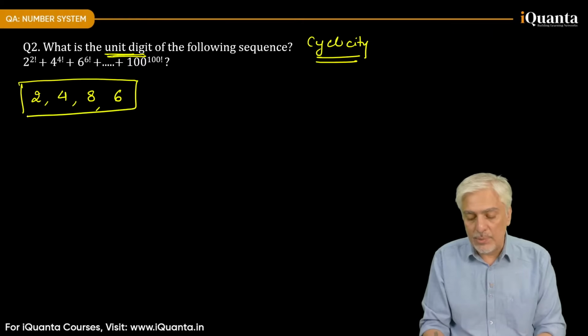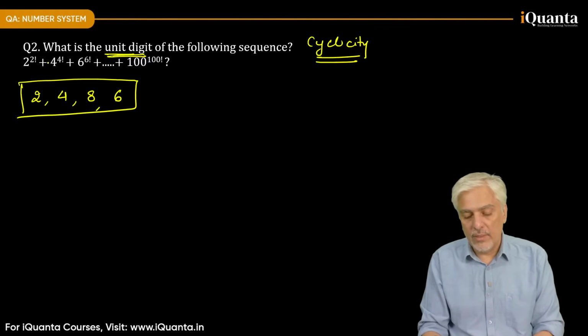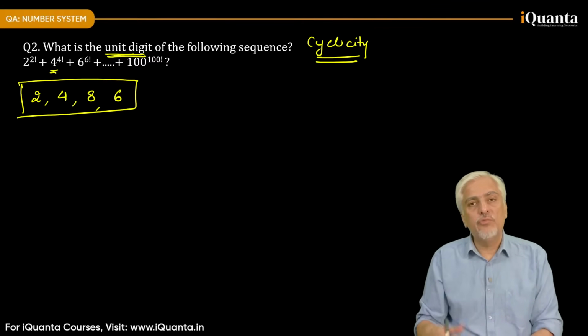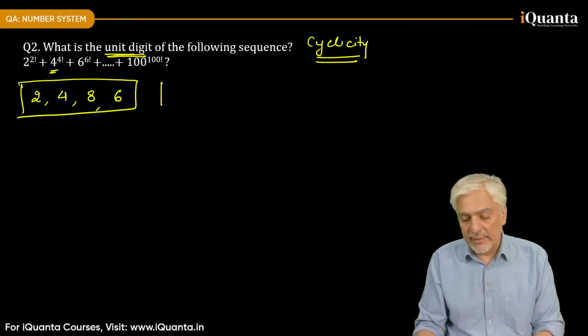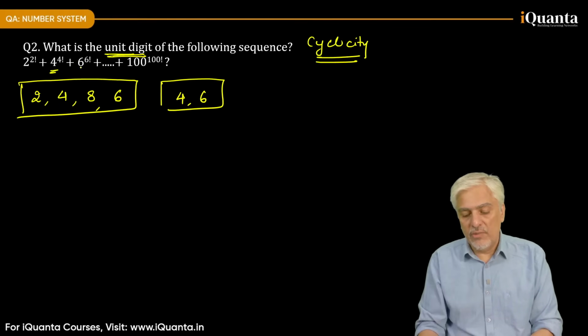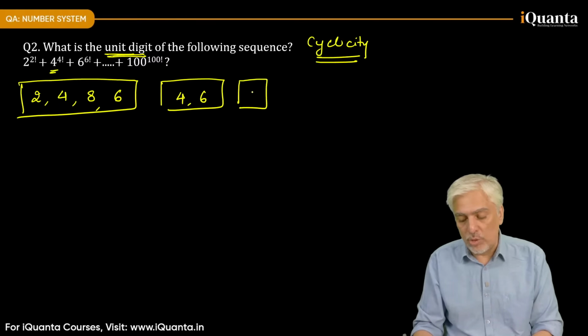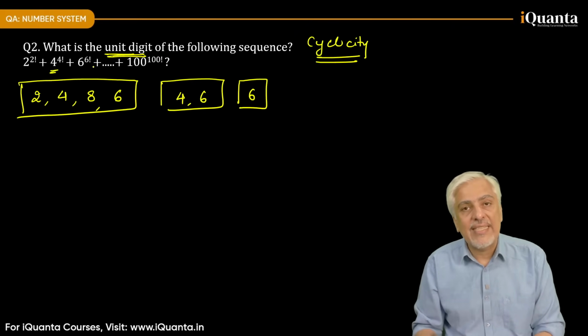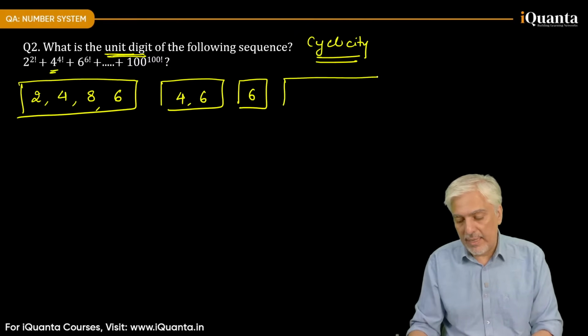And this cycle keeps repeating. Then there is 4. For 4 raised to anything, the cycle is only 4 or 6. For 6, there is no cycle, it is only 6. Then for 8, the cycle is 8 raised to 1 is 8, 8 raised to 2 is 4, 8 raised to 3 is 2, 8 raised to 4 is 6.